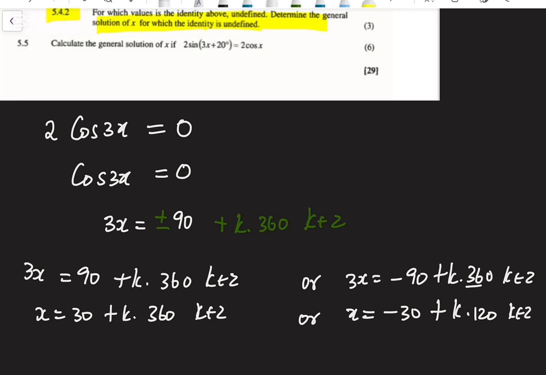K is all integers. Even the first one can't be 360 because I divided by 3, it should be 120, and k belongs to all integers. Okay, let's move to the last question now.